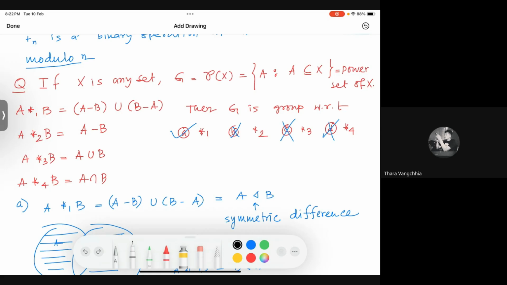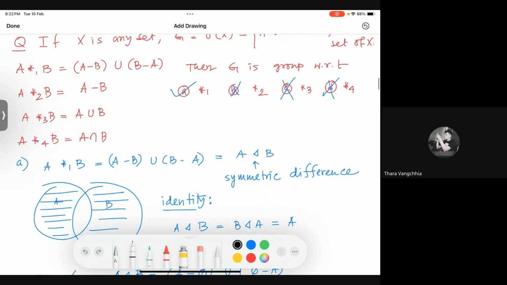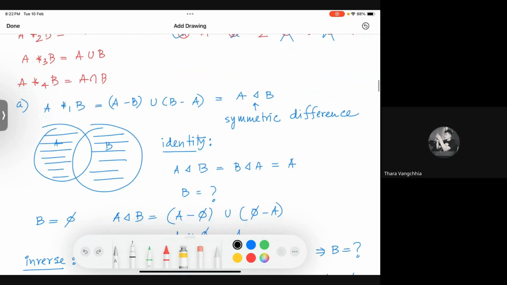I define 4 operations. This operation is nothing but the symmetric difference: (A minus B) union (B minus A). So A minus B is this set and B minus A is this set. Okay. So A star 1 B means this set.